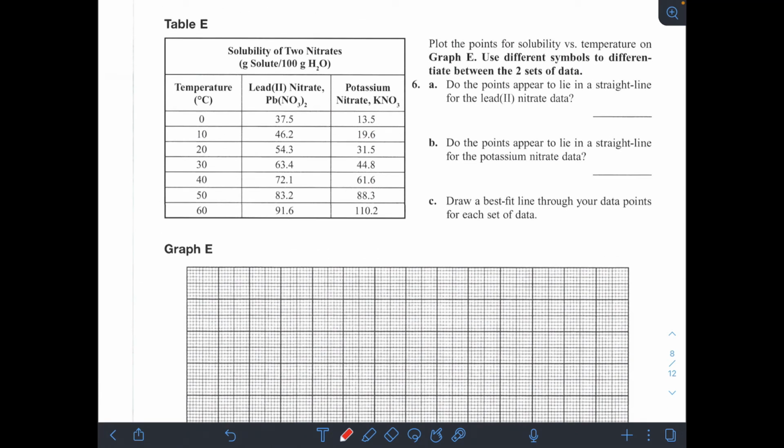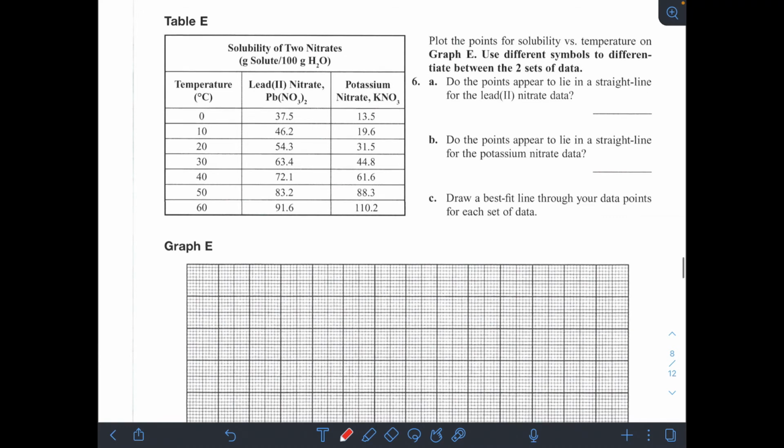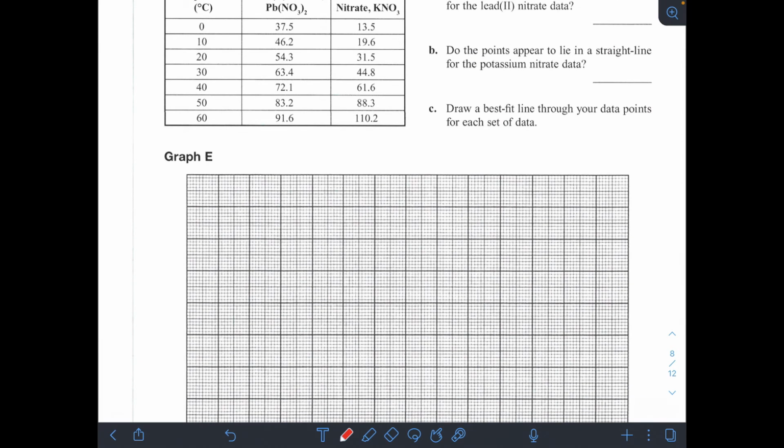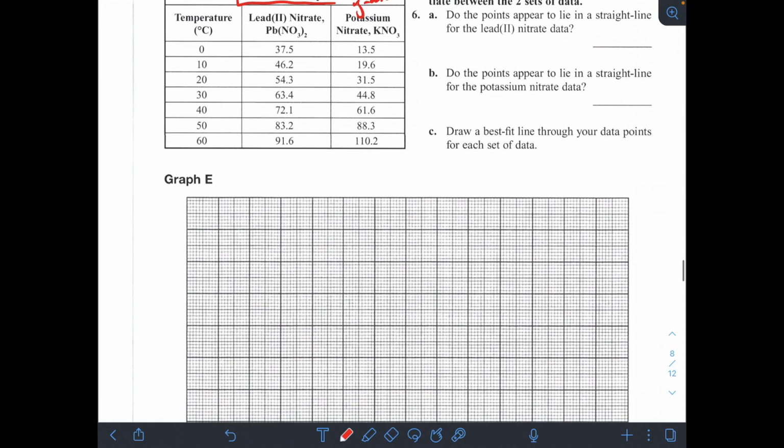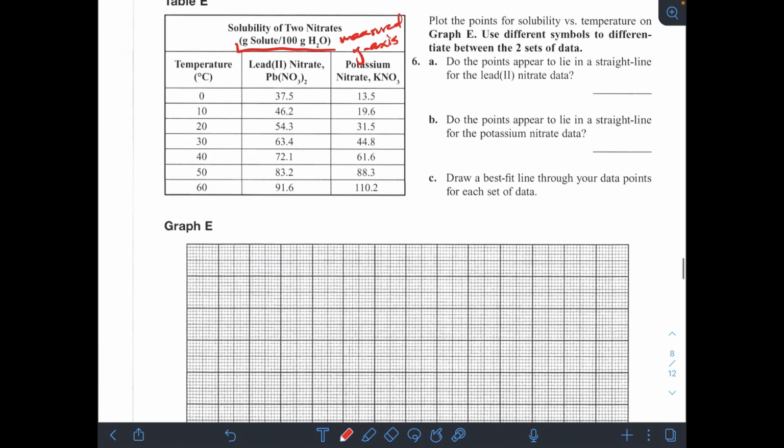All right, now part E, table E here, you're going to be putting multiple data sets on the same graph. Right, and what you're going to do is use a different symbol for each of these things. So our measured thing is this solubility in grams per 100 grams. That's our measured. Right, so that means that is going to be our y-axis. Right, and then our temperature is going to be our x-axis.